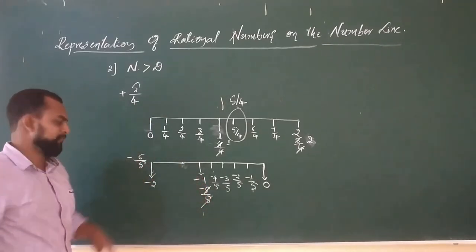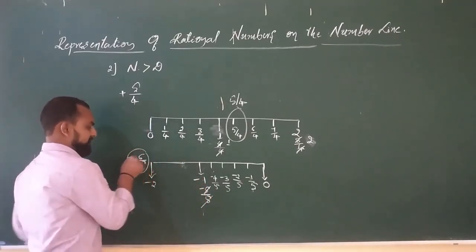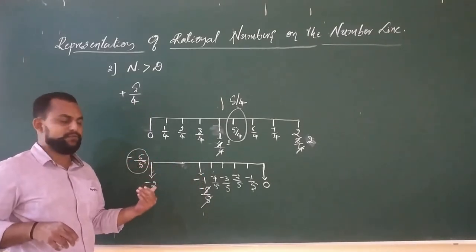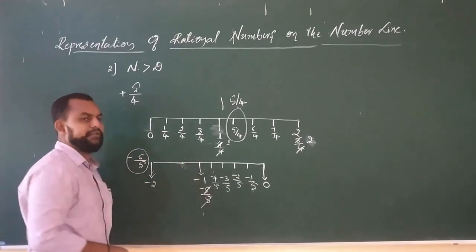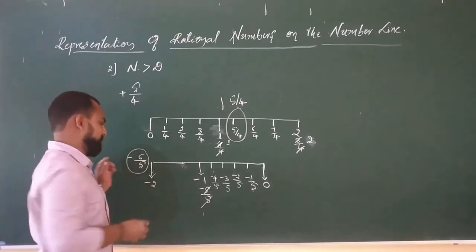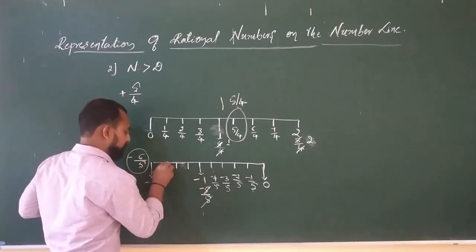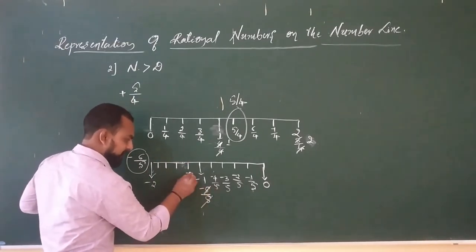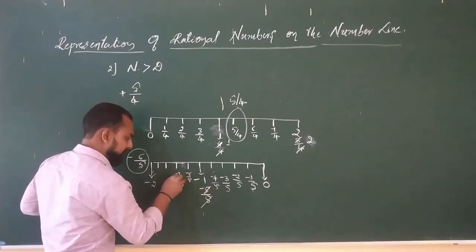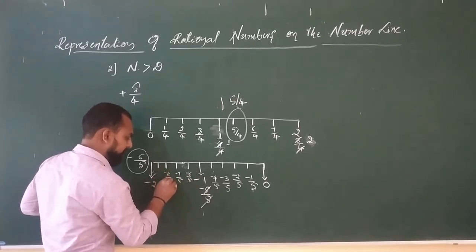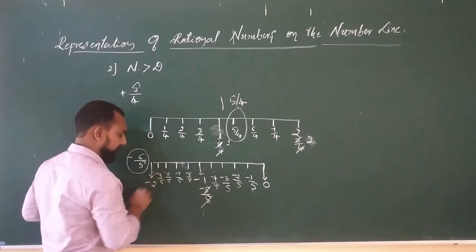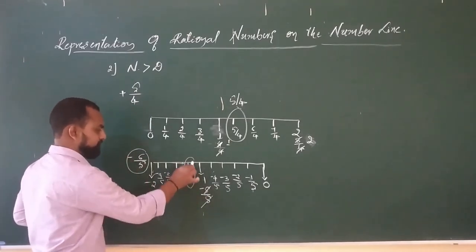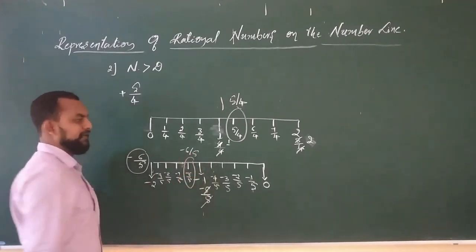The rational number here is minus 6 by 5, which is more than minus 1, so again divide the next unit into 5 equal parts: 1, 2, 3, 4, and 5. This one is minus 6 by 5, minus 7 by 5, minus 8 by 5, minus 9 by 5. Here it is minus 6 by 5.